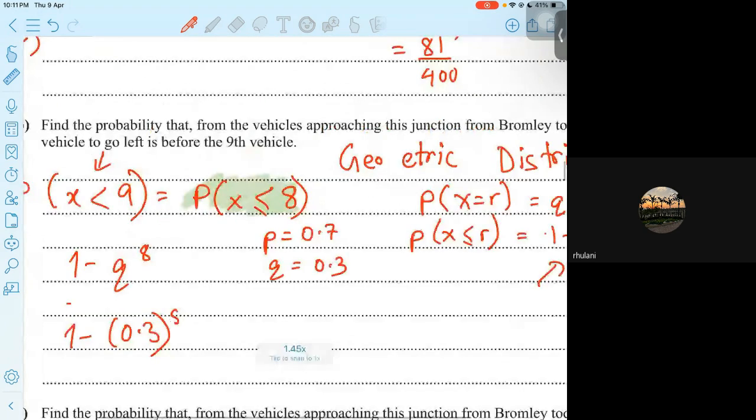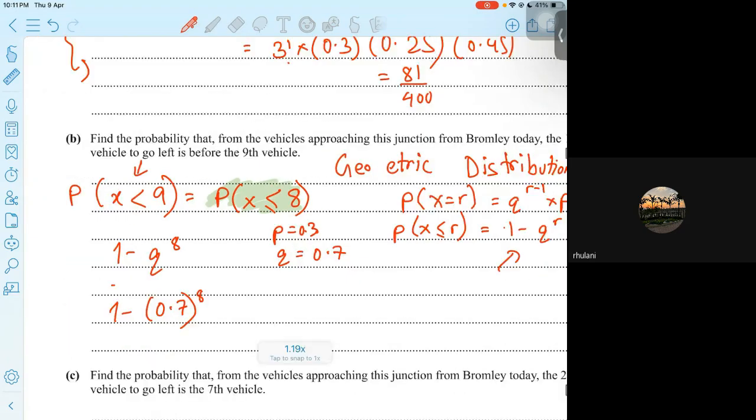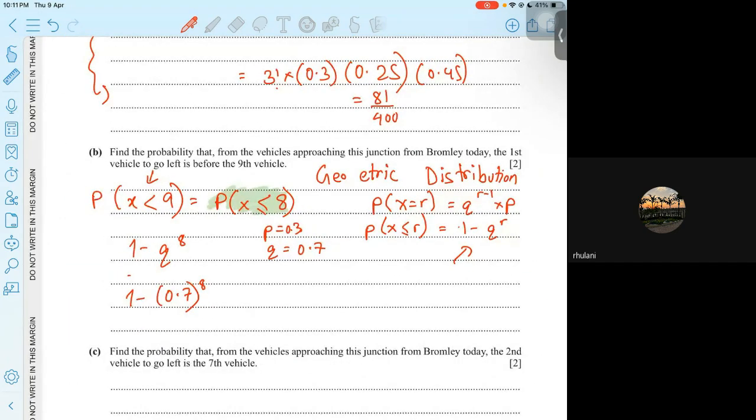Sorry, I got it completely opposite. So p was 30% to go left, so that is 0.3 for success. And for failure, that's 0.7. So it has to be the other way around. This is 0.7 to the power 8. 1 minus 0.7 to the power 8. If you plug this in the calculator, I think we get something like 0.942. That is the answer, okay?